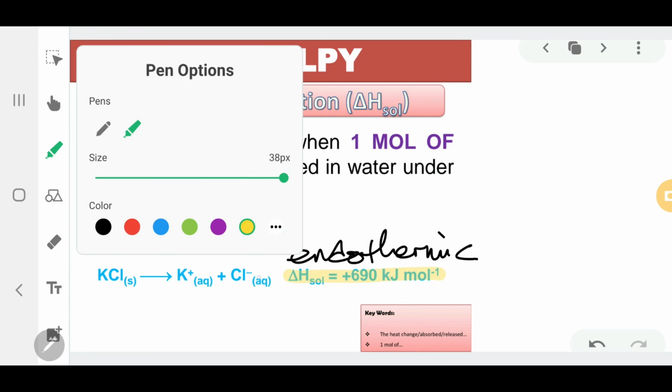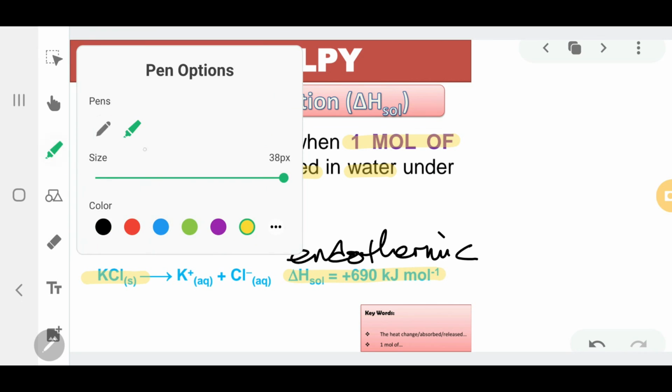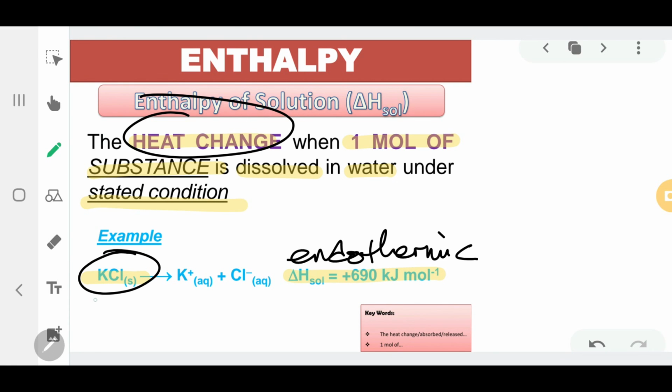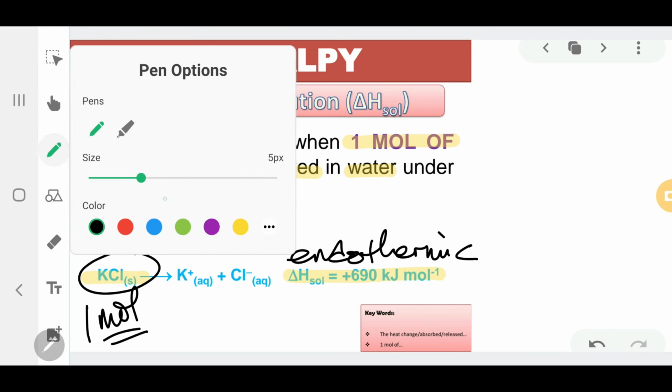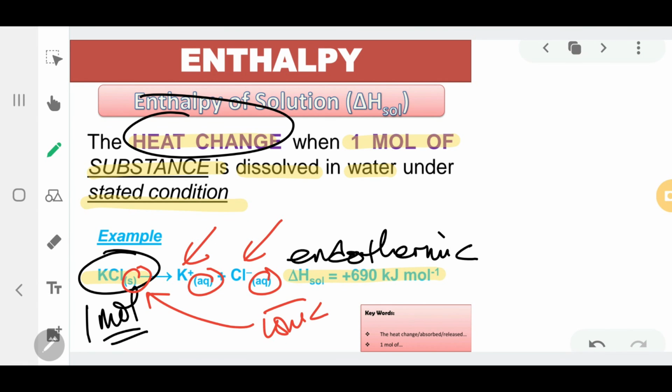The thing that we're going to keep at 1 mole for enthalpy of solution is the substance that you're going to be dissolving inside water under stated condition. So this bit over here needs to be 1 mole. And if you look at the phases, from solid it all changes, it will dissociate into the ions, because these are ionic compounds.